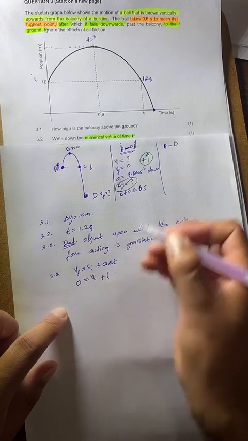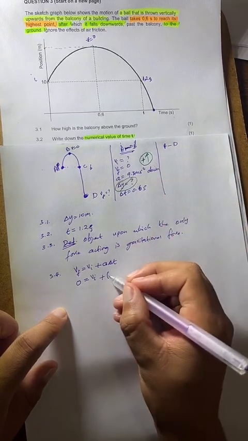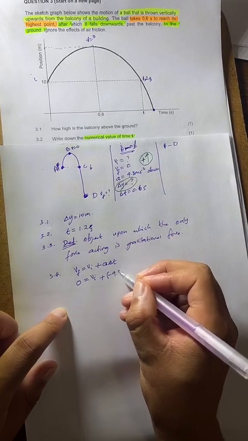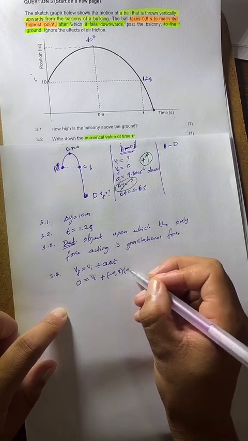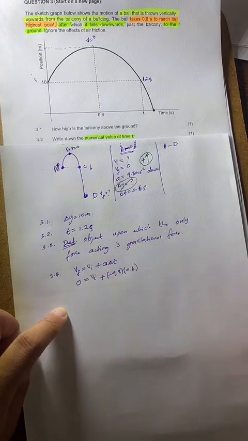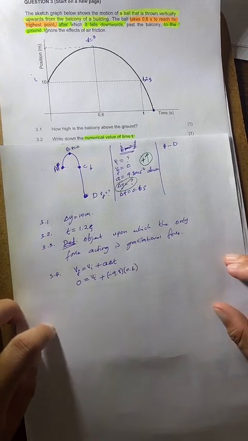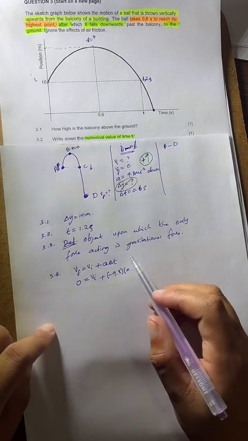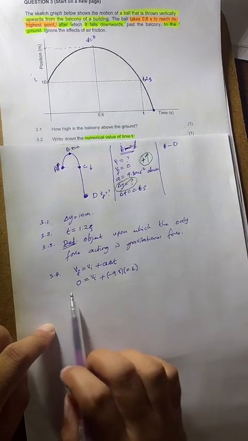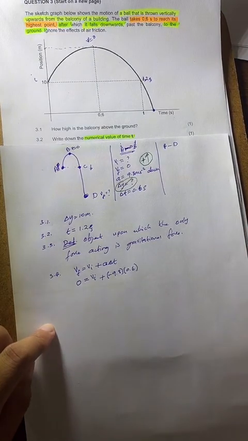It's 9.8 downwards. We chose up positive, so we substitute this one as negative 9.8. The time it takes to reach maximum height is 0.6 seconds. And we have substituted all the values. Now, making the right choice for formula, you are guaranteed that mark. Then the substitution, all of it will be another mark.